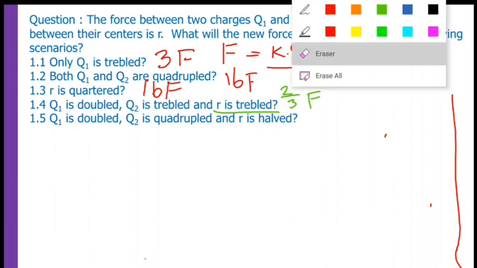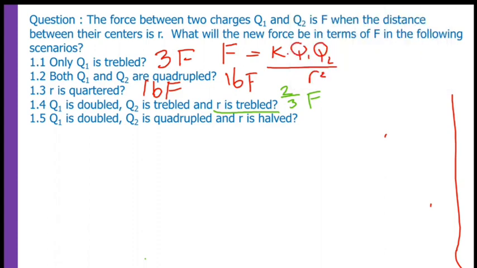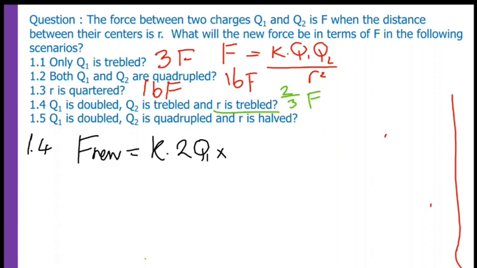Okay, so we are saying the new force is going to be Q1 is doubled, so it's now K times 2 of Q1 times Q2 is trebled, which is now 3 of Q2, all over R is trebled, the distance is now 3R squared.